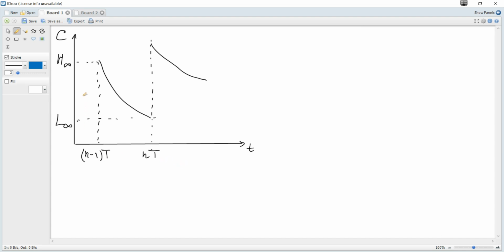Let Hn be the highest concentration of the drug in the body for the interval (n-1)T ≤ t ≤ nT, and Ln be the lowest concentration of the drug in the body for the same interval. This is shown in the following graph.